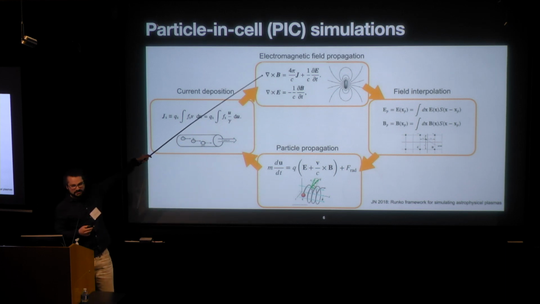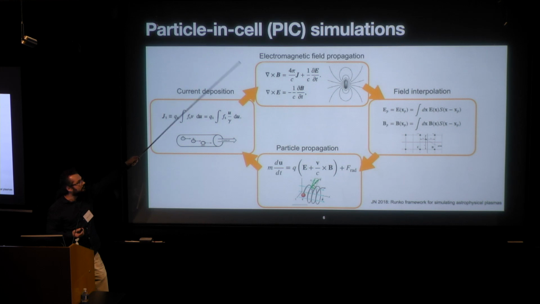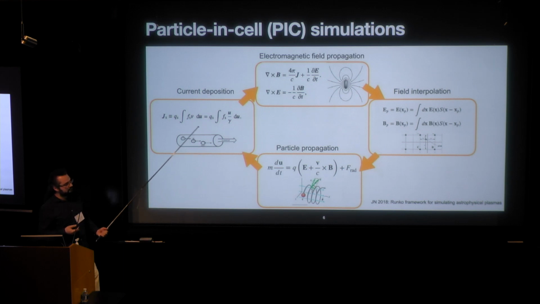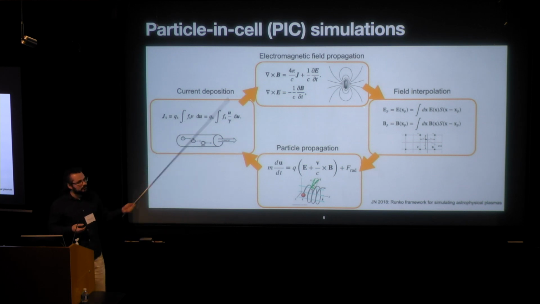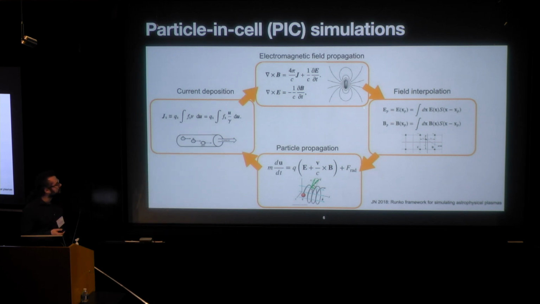Electric and magnetic fields exist on a 3D grid, with different grids for electric and magnetic fields, but it doesn't matter. We have fields on the grid, we have particles traveling between grid points, and fields accelerate particles. Particle movement makes current. Current affects the fields, and so on and so forth in a circle.